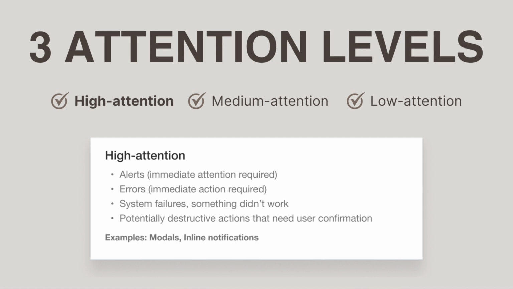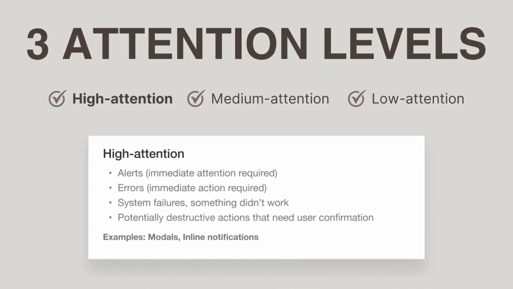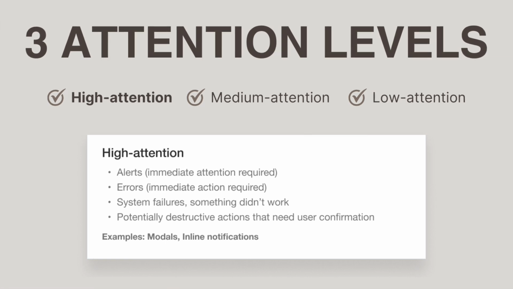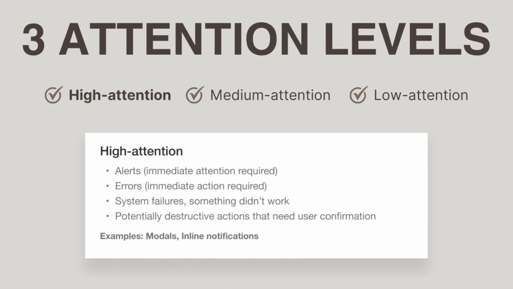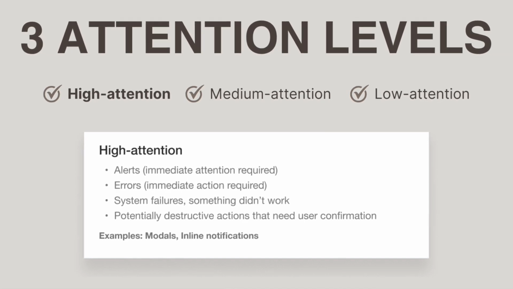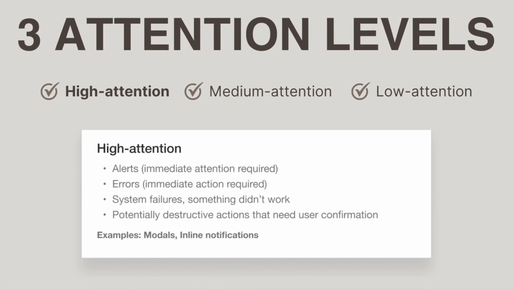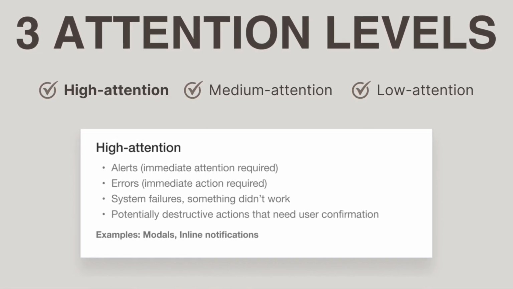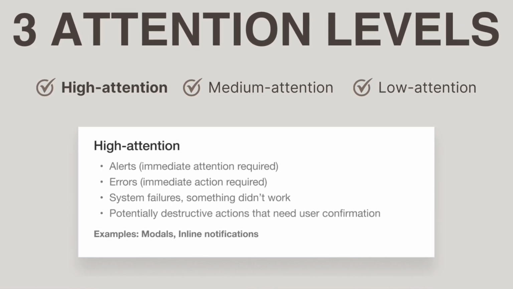You want to let them know immediately that this payment hasn't gone through, or they are trying to submit a form and they did not put their email, whereas email is required. You want them to quickly know that, oh, your email is not in this form and we cannot proceed without you putting it. So it is used for when you want the user to carry out an immediate action.